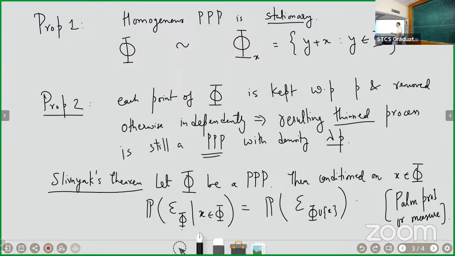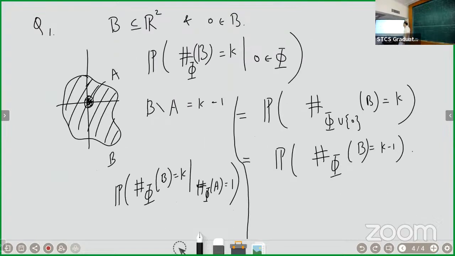But in general, that is not an observation one can directly make. If I tell you that there is a special point lying here in the point process, it could affect everything else. What it's telling you is that it doesn't. So there's something special going on, is what I want you to appreciate. So B containing the origin, B not containing the origin, we get different answers.